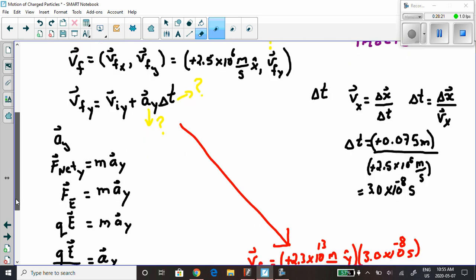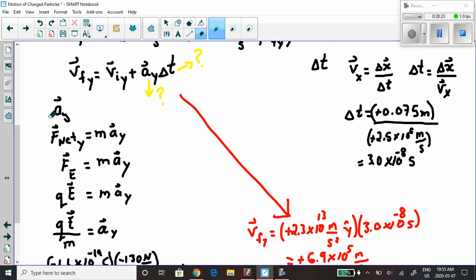Next, we have to find acceleration in the y direction. Well, let's use the most important equation in physics, F net equals ma. F net in the y direction is equal to m times acceleration y. Well, the net force in the y direction is all electric force, all of it. And it is equal to the mass of this electron times its acceleration in the y direction.